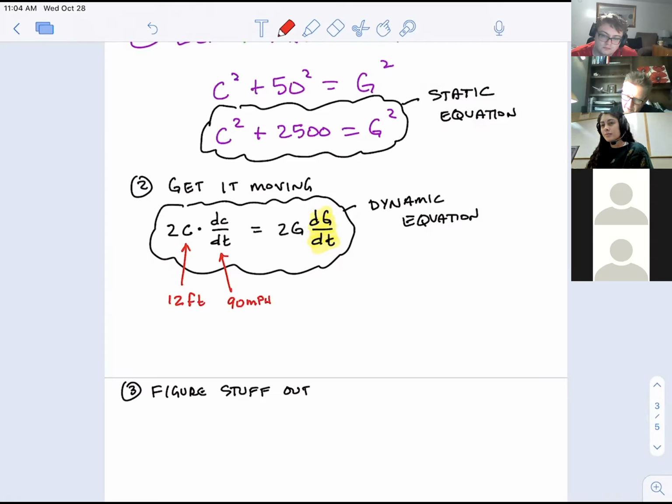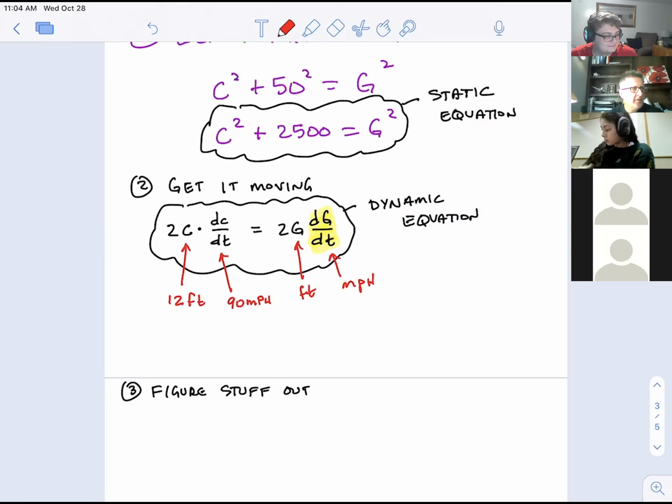And if we did the same thing over here, if this was in feet and this was in miles per hour, I guess, I never even thought about this, but I guess we don't have to convert this. I was thinking we did. I did it in my last class. I actually don't think we have to convert this because the units on both sides will be feet miles per hour.